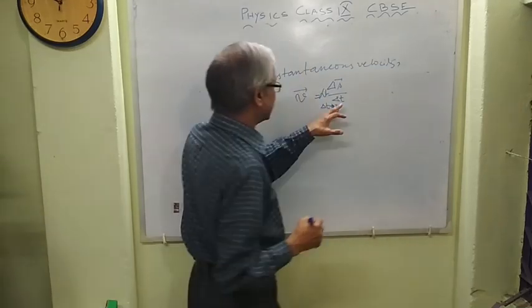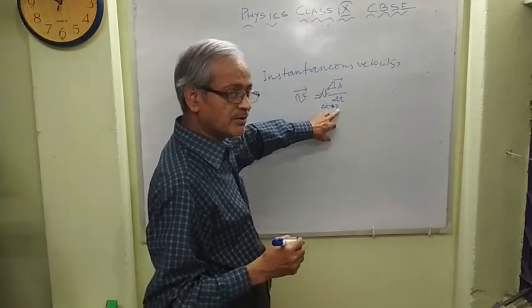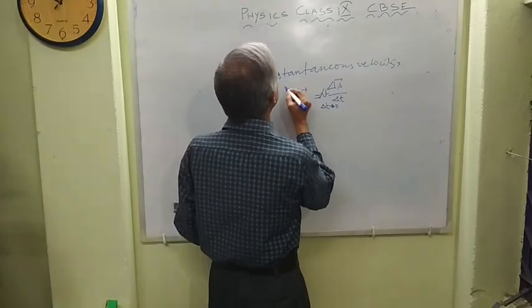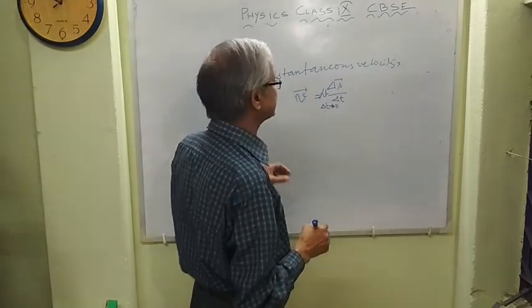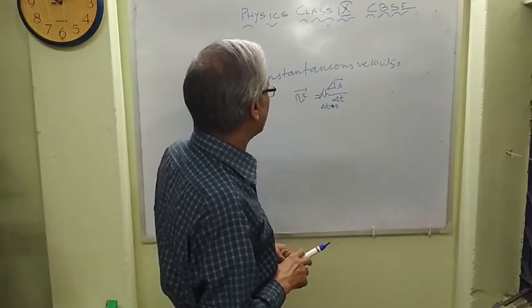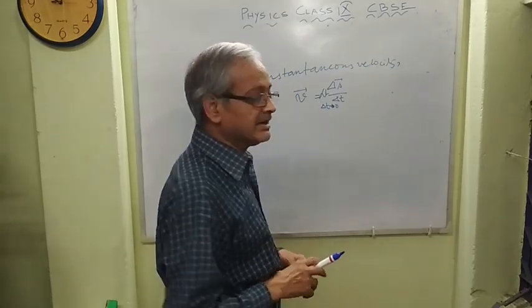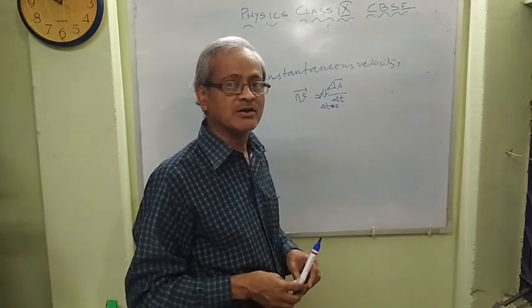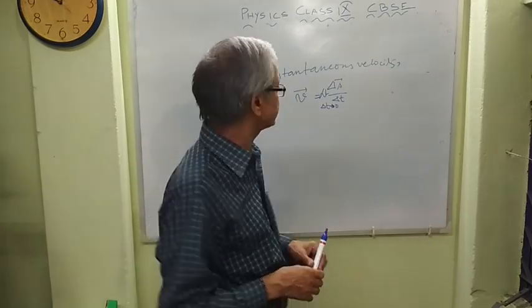That is, delta T not zero but tends to zero. This is the instantaneous velocity. That is, instantaneous velocity is the velocity at a particular time, but it is the average velocity when intervals of time become negligibly small, infinitesimally small.